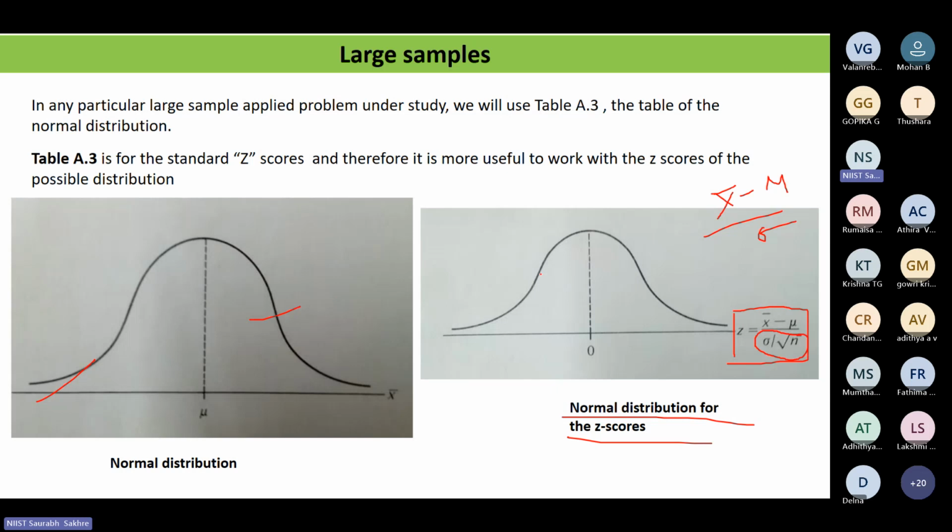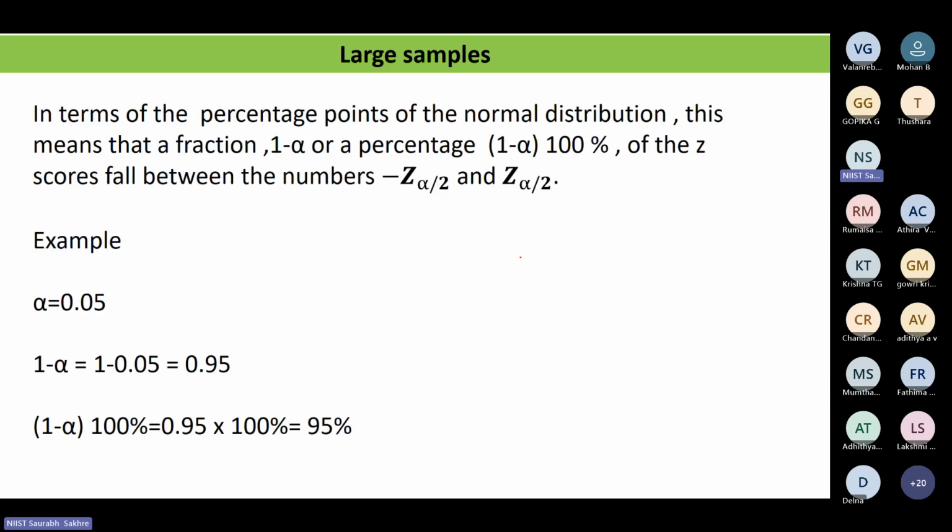So this is the normal distribution, and this is the normal distribution for the Z scores. Now we will see this in terms of percentage points.